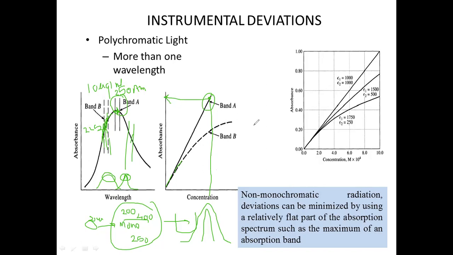Here you can see the deviation from the Beer-Lambert law. At one wavelength you get perfect linearity, and at the second wavelength, which is on the sloping part of the band, you are going to get a non-linear relationship.